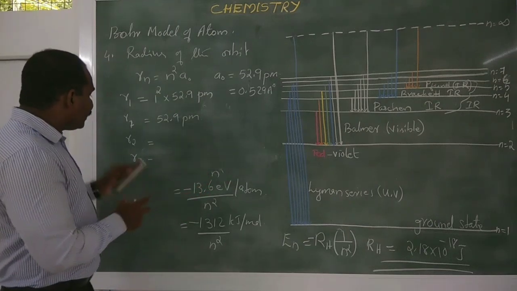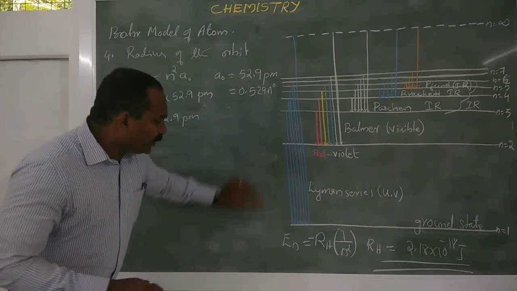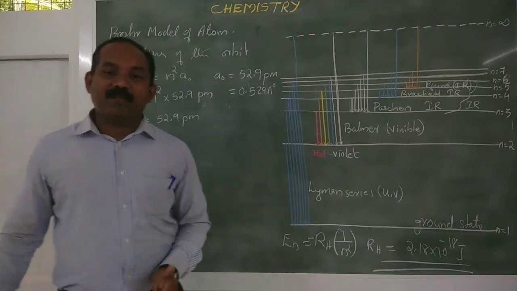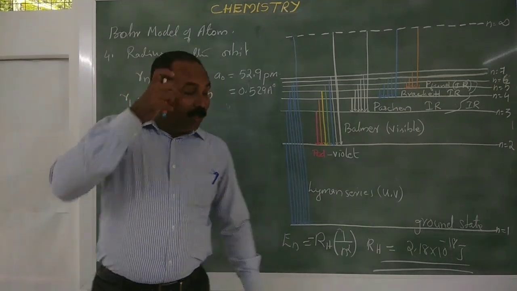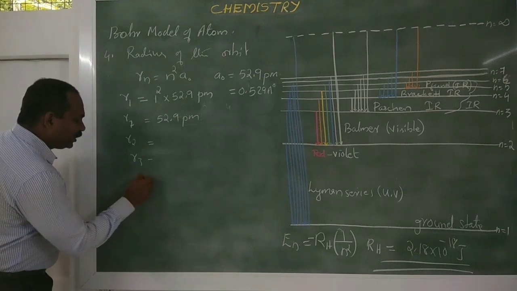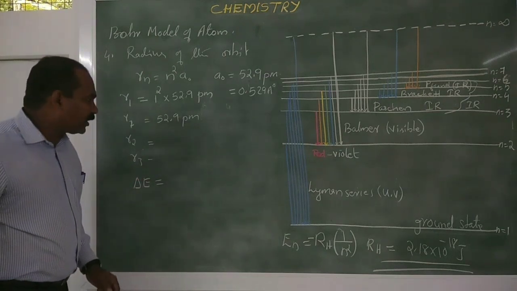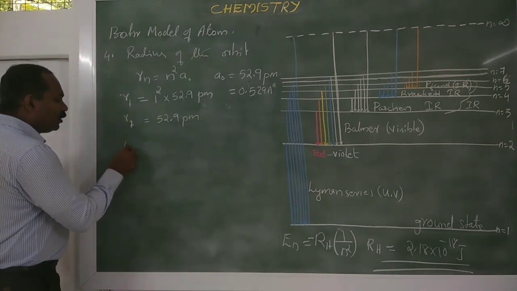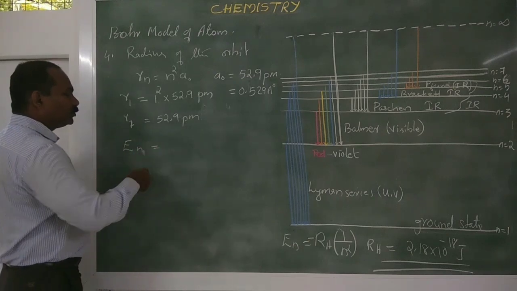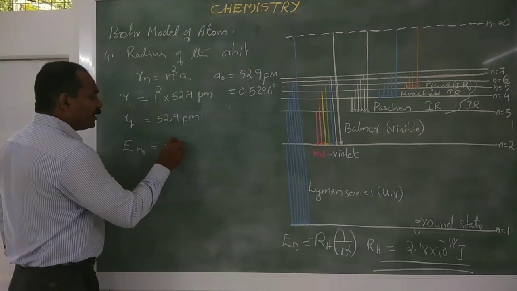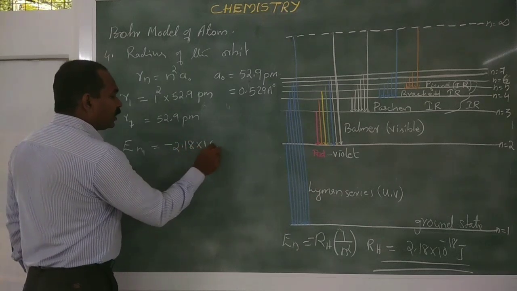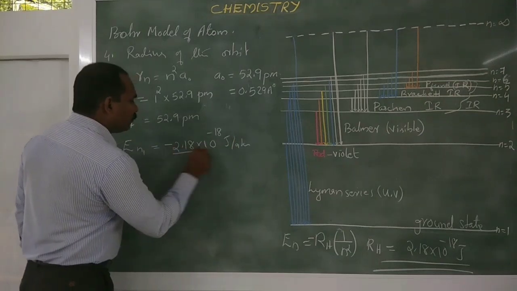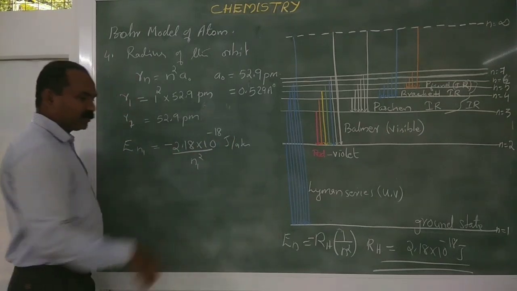Then we discuss the energy difference between the two levels. Delta E is equal to, first I write E1. En1 is equal to minus 2.18 into 10 raised to minus 18 joule per atom divided by n1 square.